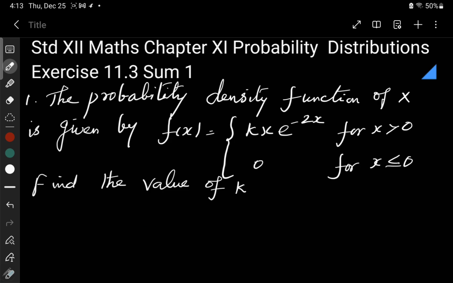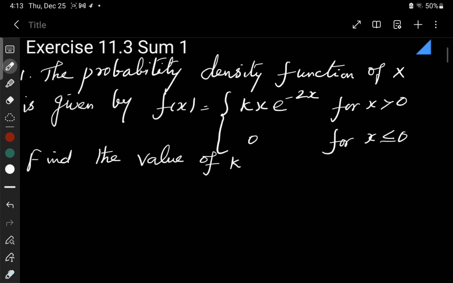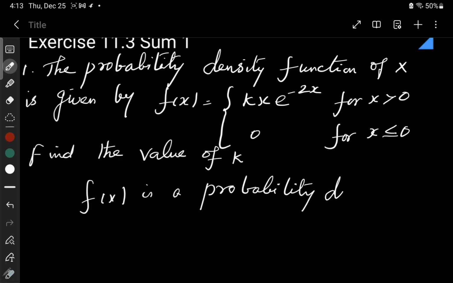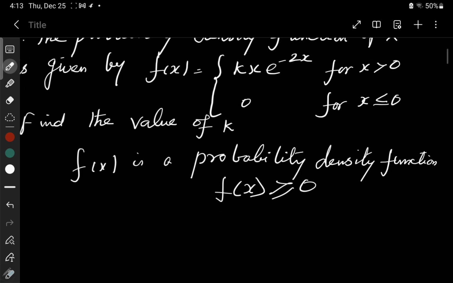Before starting the problem, let me give the definition for f of x. If f of x is a probability density function, it should be a positive value, f of x is greater than or equal to 0.